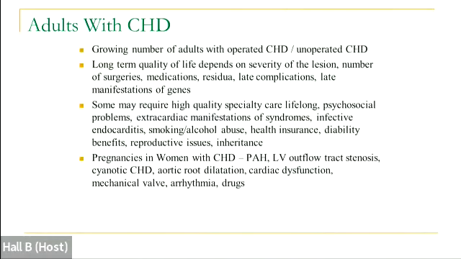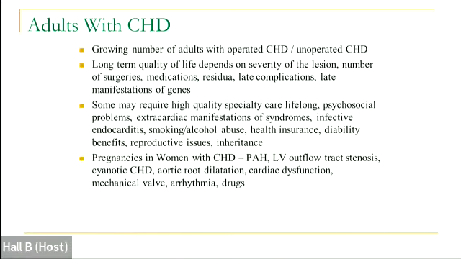Adults with congenital heart disease are growing in number due to good medical and surgical care, and their needs are different from children in terms of lifelong specialty care, psychosocial problems, extra cardiac manifestations, infective endocarditis, reproductive issues, etc.